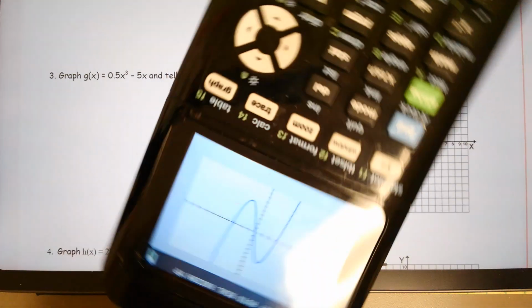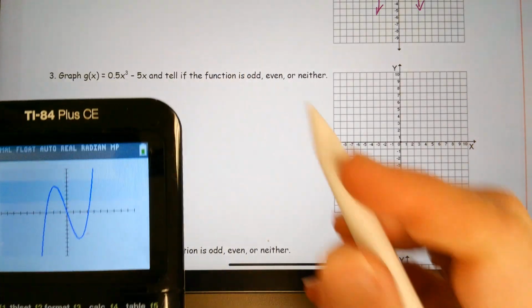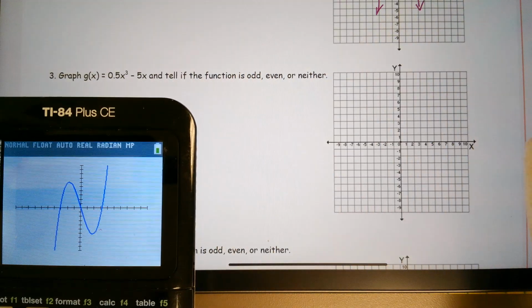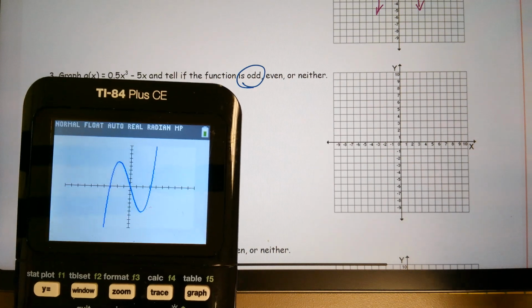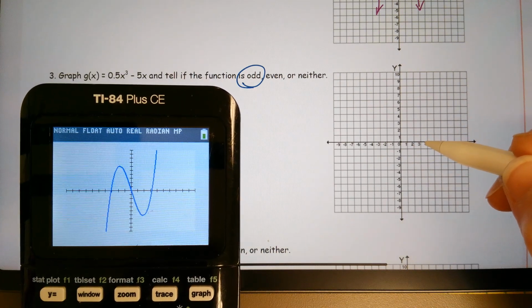It's an odd function, right? If I turn it 180 degrees, it's the same as what we started. Okay, I'm not going to make this all that accurate.